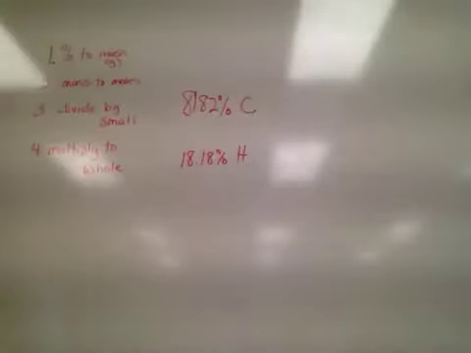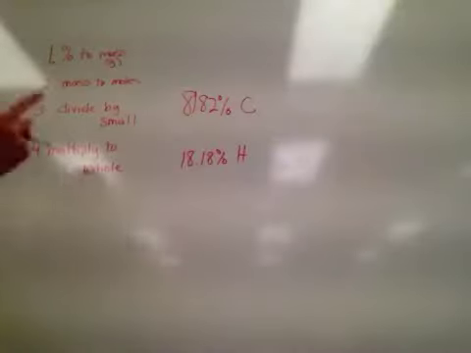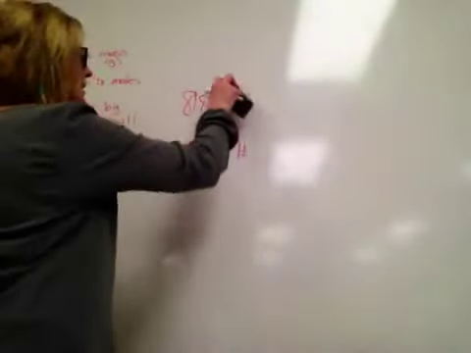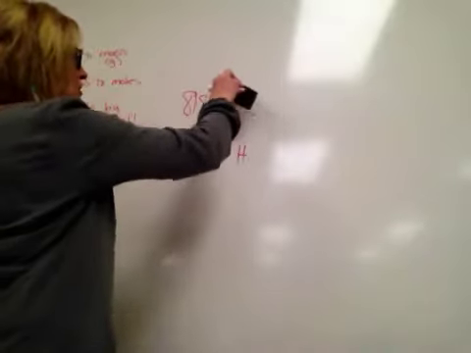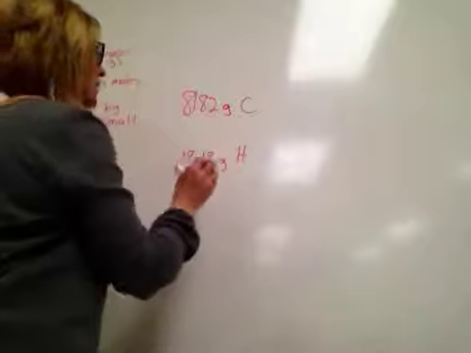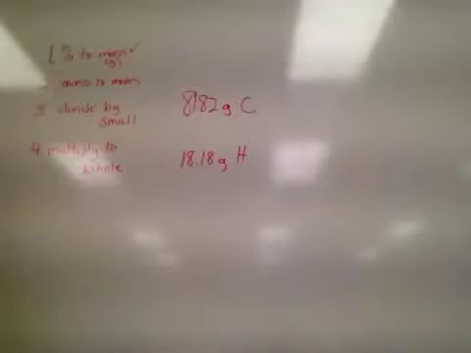So it is given to me in a percent. So the first thing I do is change my percent to what? Grams. And it's not a calculation. I just change it. Instead of percent, I have grams.